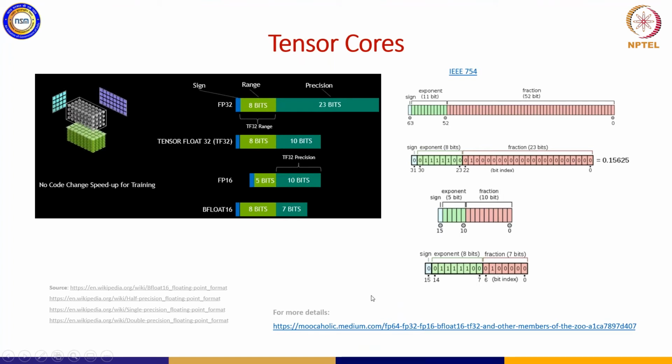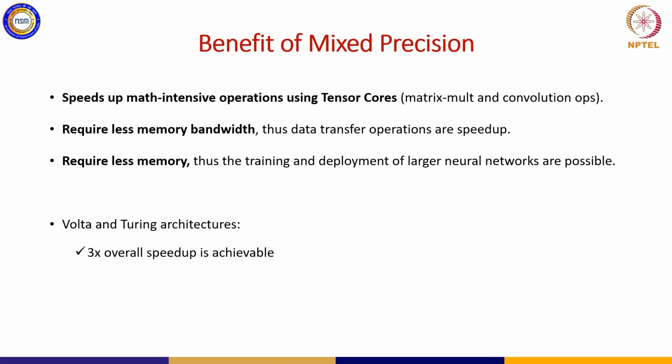But I wouldn't want to bother us more with these details because we want to focus on the empirical side of it, which is the practical side. So what are the benefits of mixed precision? The first thing is that with mixed precision, you are able to perform matrix multiplication and convolution operations in your deep neural network with maximum speed up. That is, math intensive operations are being performed using the Tensor Core. Like I said before, the Tensor Core is dedicated for such operations.